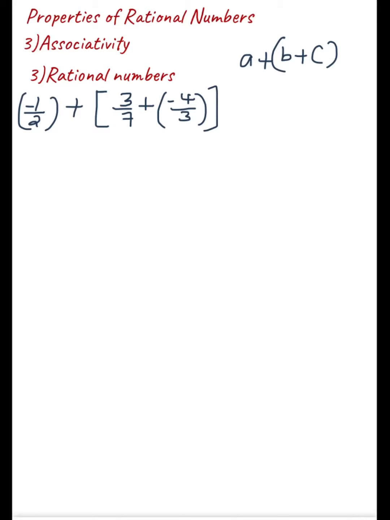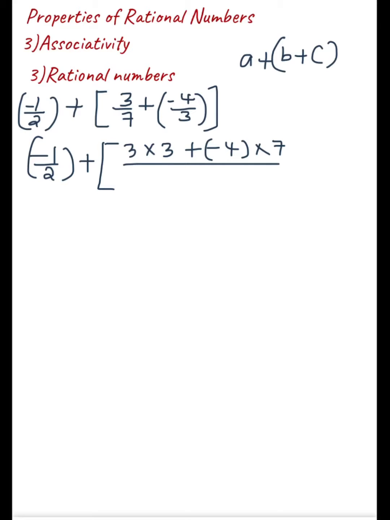So first let's write the first number as it is, and we have to do the things inside the bracket first. What is 3 by 7 plus minus 4 by 3? You have to cross multiply them. That is 3 into 3 plus minus 4 into 7, divided by 7 into 3.